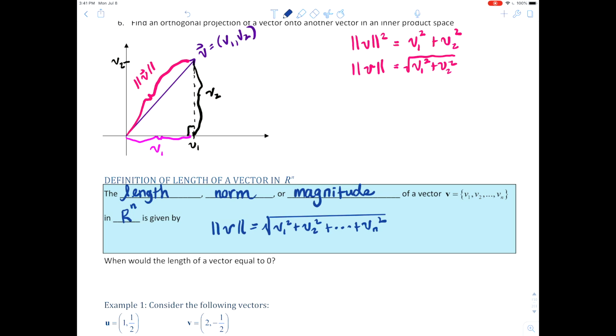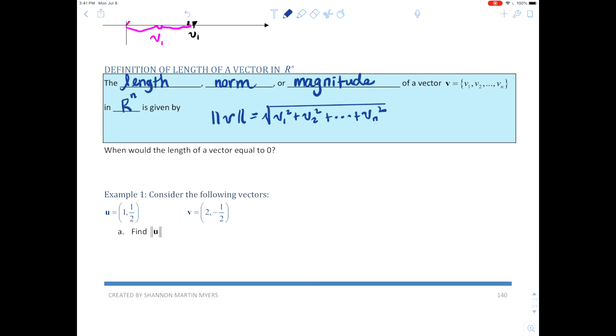Groovy? All right. So what do you think? When would the length of a vector equal 0? Awesome. When your vector V equals the 0 vector.